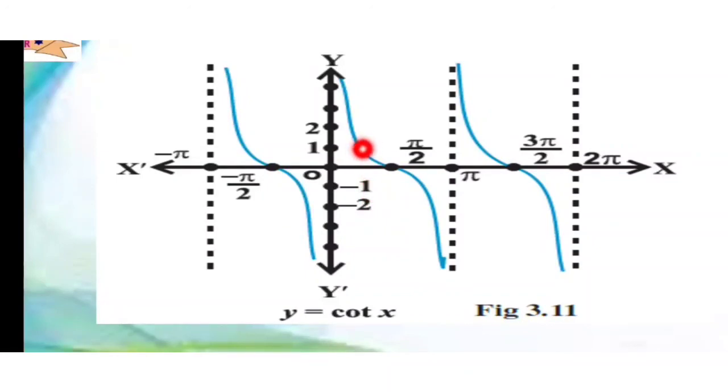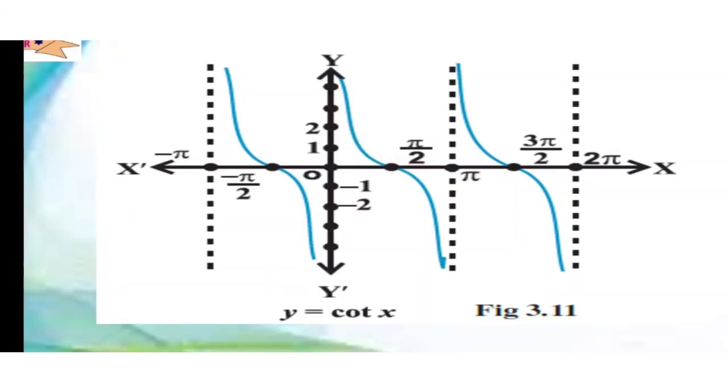And cot of 60 degrees is 1 by root 3, because cos of 60 is 1 by 2 and sine of 60 is root 3 by 2, so we get 1 upon root 3. And cot of 90 degrees is 0, because cos of 90 is 0 and sine of 90 is 1. 0 by 1 is again 0, so it is here. When we are joining these points, we get this type of graph.